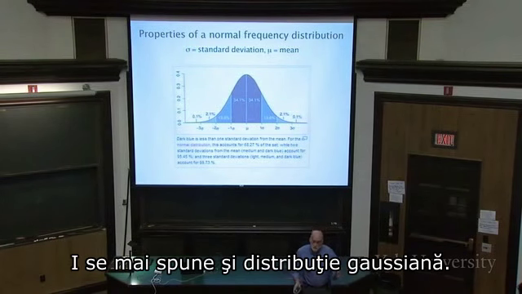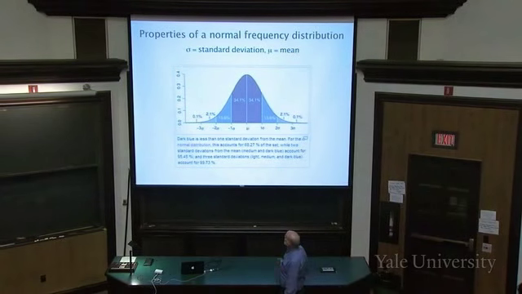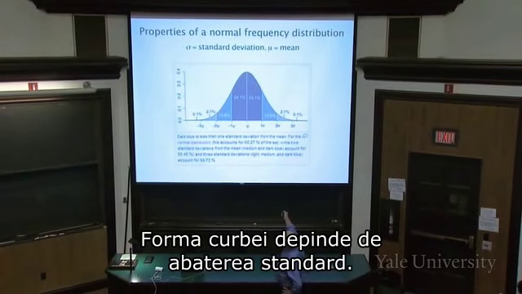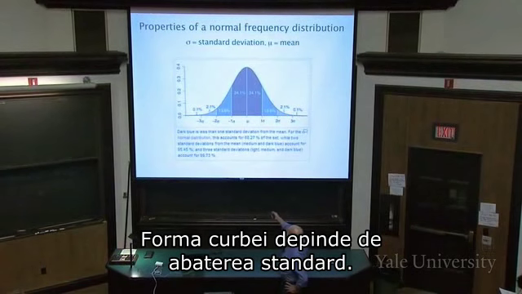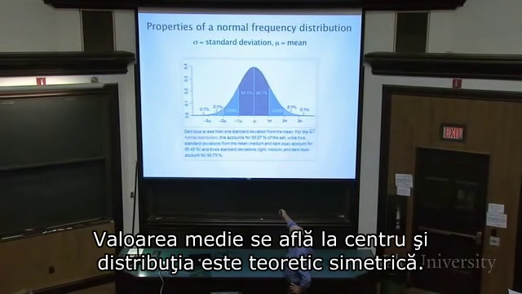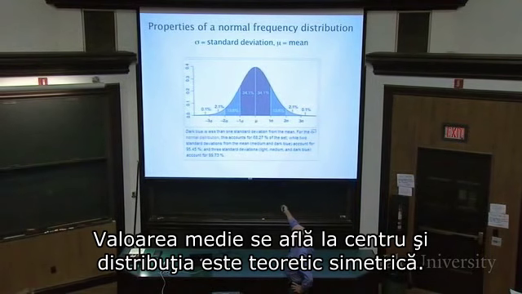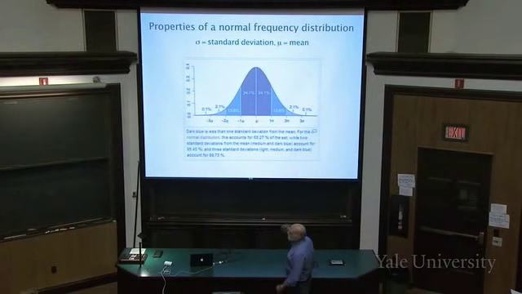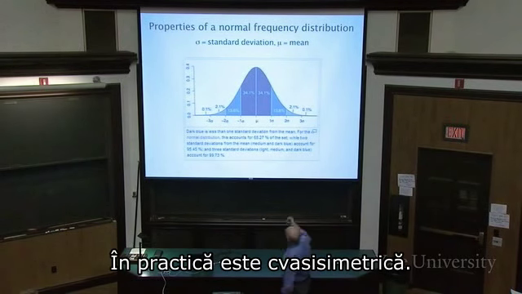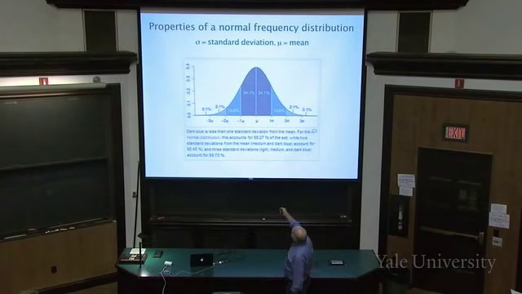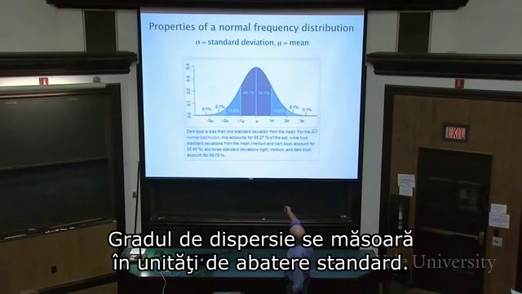Sometimes it's called a Gaussian distribution. And the shape of the curve and its spread are basically measured by the standard deviation. So the mean value is at the center here, and the distribution is theoretically symmetrical. In practice, it's quasi-symmetrical. And the degree of spread is measured by the standard deviation units.